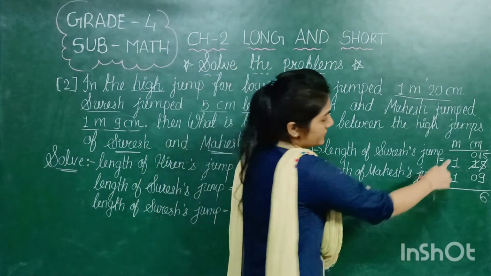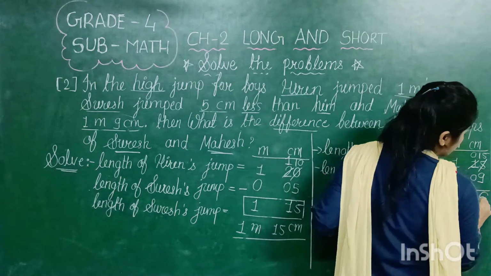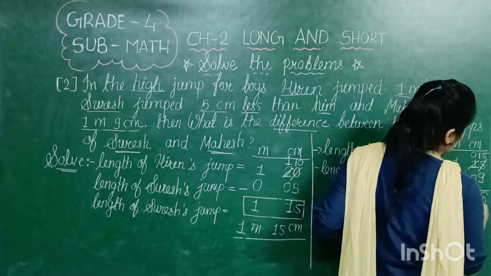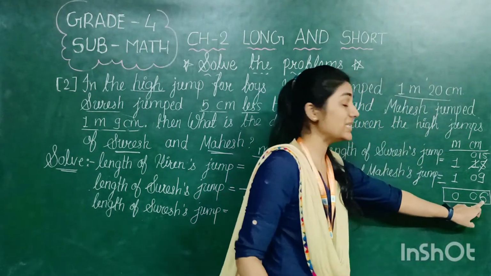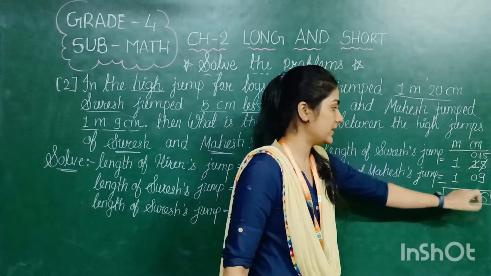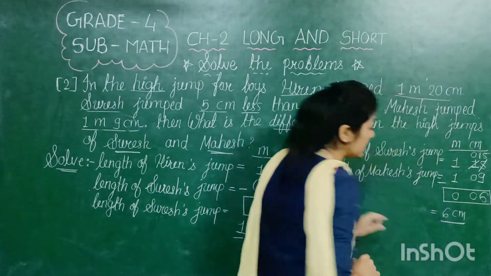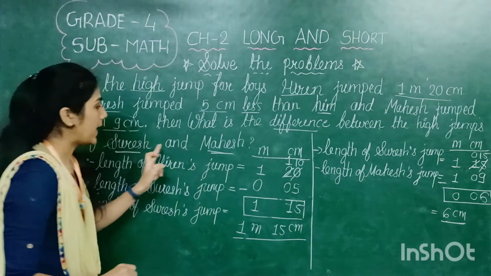And 0 minus 0, answer will come 0. And 1 minus 1, 0. So that we have found the answer only 6. 6 is in centimeter. So we can write 6 centimeter. So this is the difference between Suresh and Mahesh.